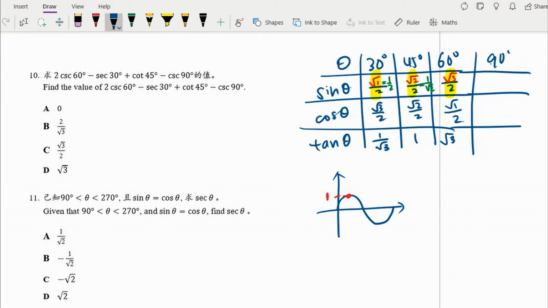Then for cos, you should remember the cos graph. Where's your 90? This is your 180, so half of it should be here, which is 0. So cos 90 is 0. Then for tangent, it's actually undefined. It's actually an asymptote.